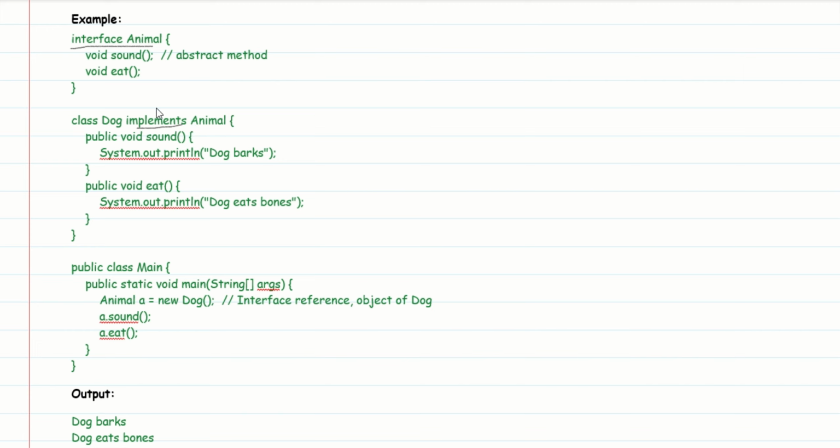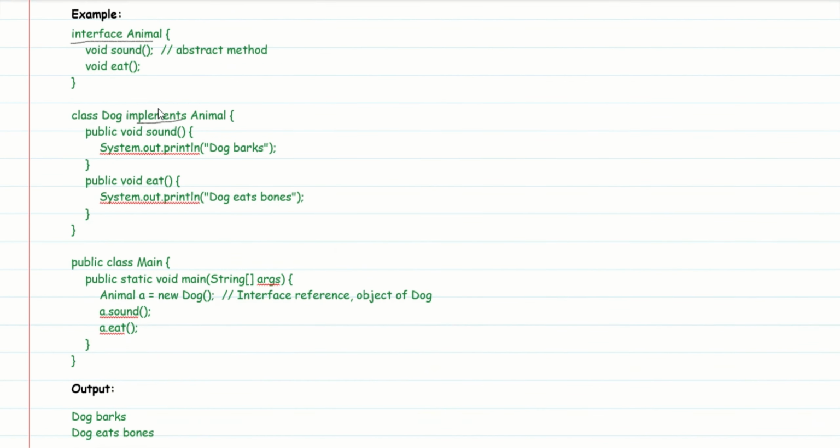Here you can see I have inherited the Animal interface, so I have both the methods sound and eat, which have some implementation, just a print statement like dog barks and dog eats bones.